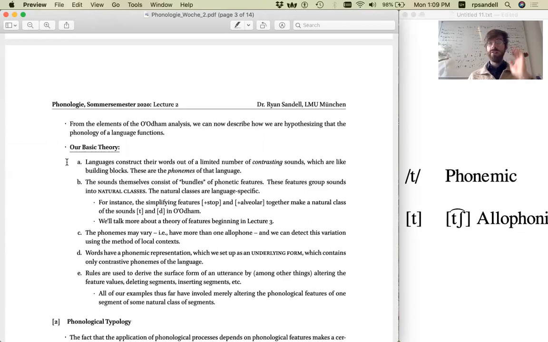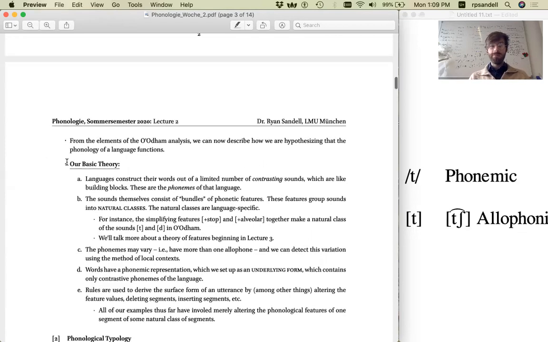These phonemes themselves consist of little bundles of phonetic features. We're going to talk more about features next week, and these features serve to group sounds into natural classes. And again, next week when we talk about the feature system in more detail, we'll see how the natural classes are language specific. So for instance, using the simple features stop and alveolar to identify the manner and place of articulation in Ordam, we can make a natural class out of the sounds ta and da.